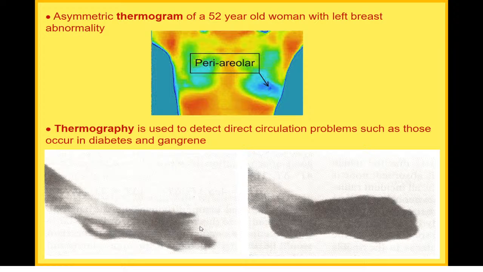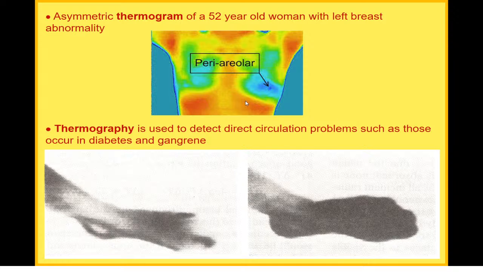There is no electromagnetic energy. When the blood circulation is restored, you can see the radiation restored as well, and you can see a uniform picture reflecting the restored circulation in this part.